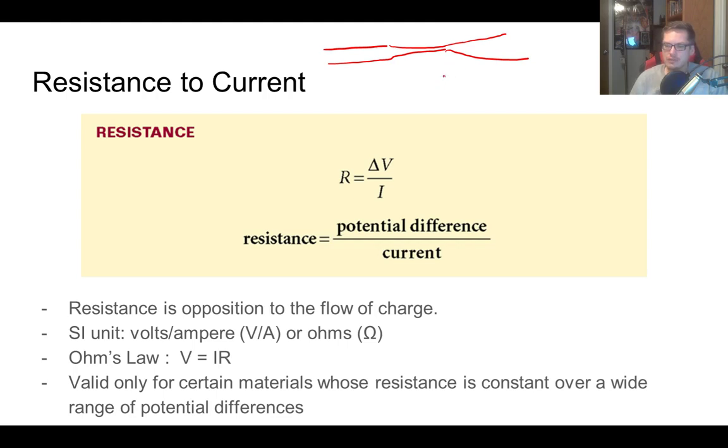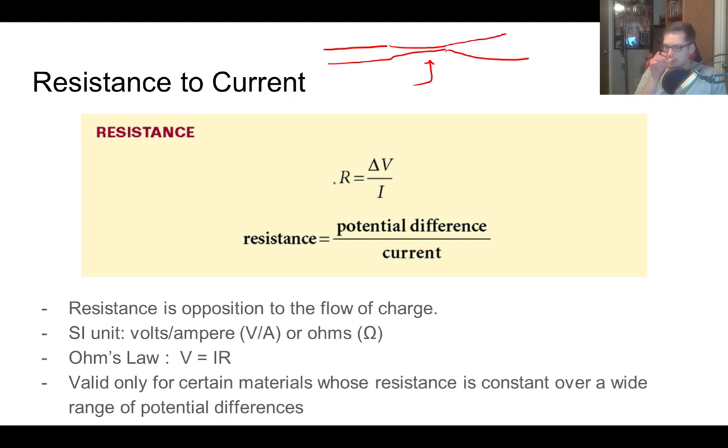You could say this area right here has high resistance. Really what we're talking about now is resistance in terms of electricity or electron flow. Everything that electricity passes through has some given resistance, and this resistance is just how much that material opposes the flow of charge.